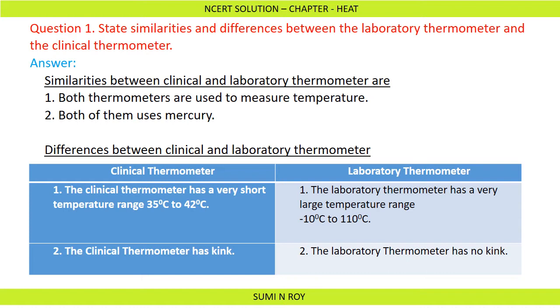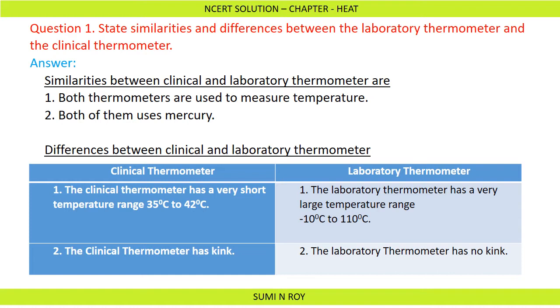Because of that, the clinical thermometer has a very short temperature range, that is 35 degrees Celsius to 42 degrees Celsius. Whereas a laboratory thermometer has a very large temperature range, from minus 10 degrees Celsius to 110 degrees Celsius.